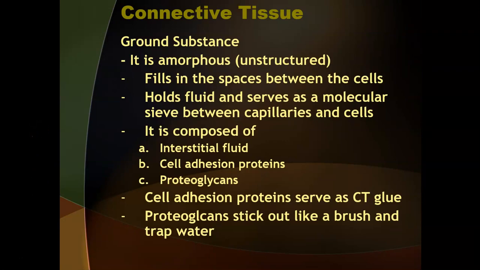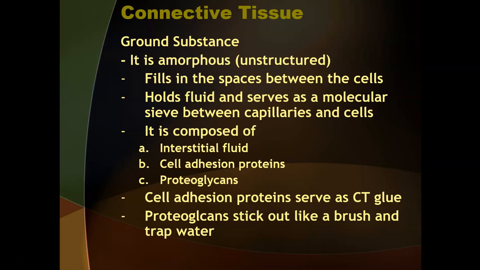Now, I've used the term a couple of times, and that is something that we find in connective tissue known as ground substance. It is amorphous, which means it has no body in it. So it's unstructured. Not an exact analogy, but think of it as ground hamburger that fills in the spaces between the cells. This ground substance is amorphous.